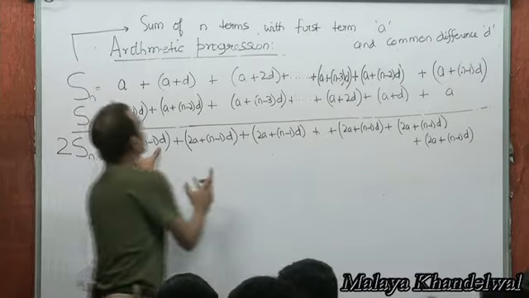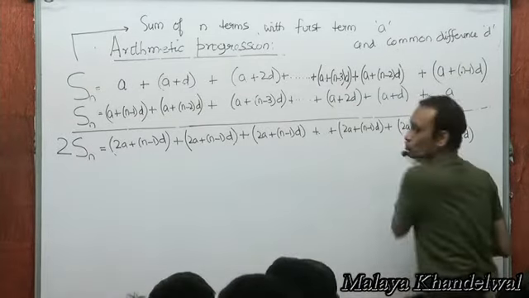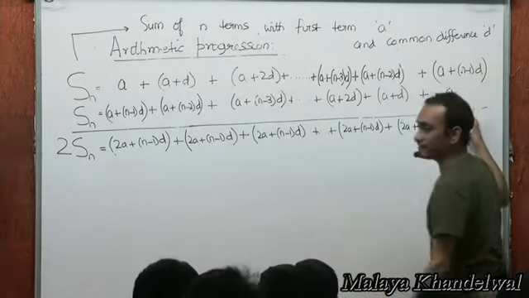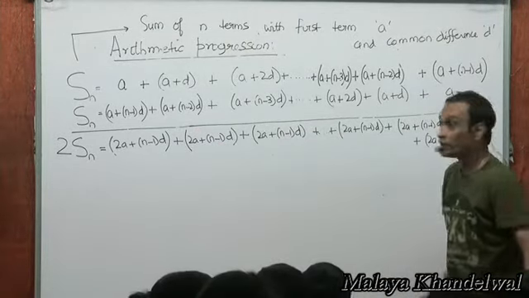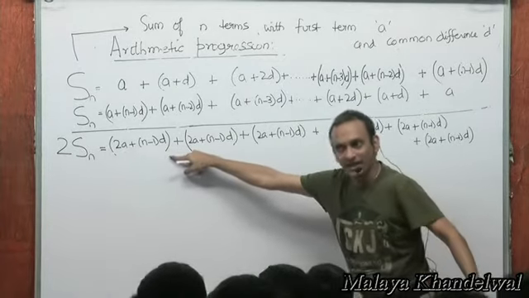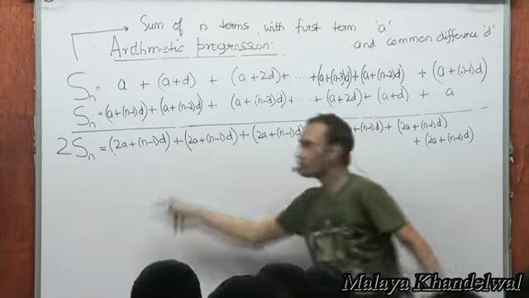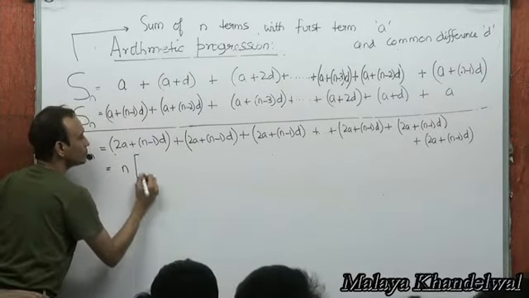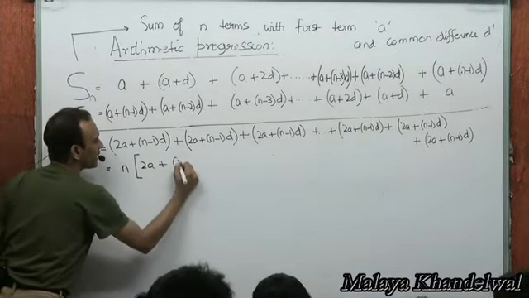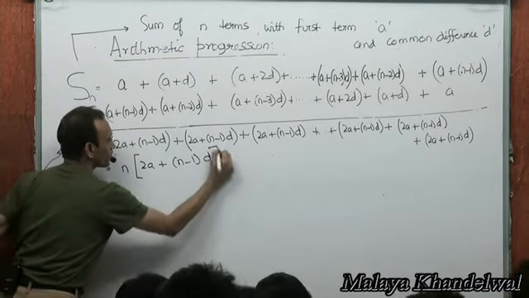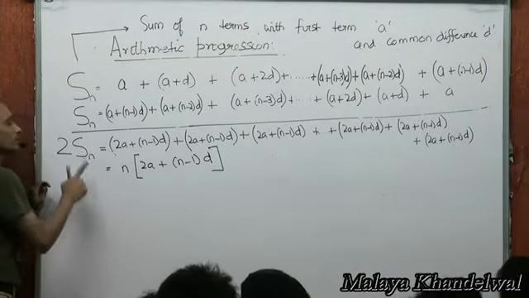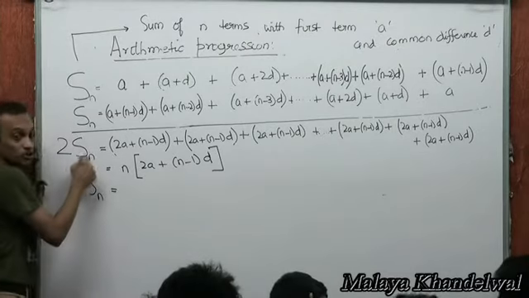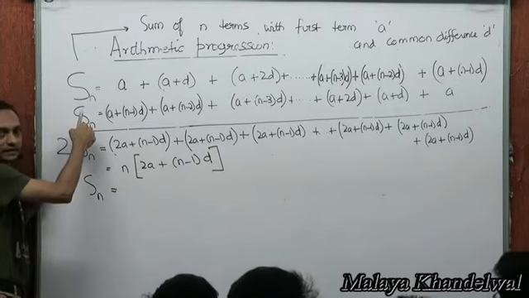Now, how many such groups are there? N such groups, because first, second, third, nth. So n such groups, each of value 2A plus n minus 1 into D, yes or no? Right? So this is like n times 2A plus n minus 1 into D. So this is 2 times the required sum, Sn plus Sn, right?